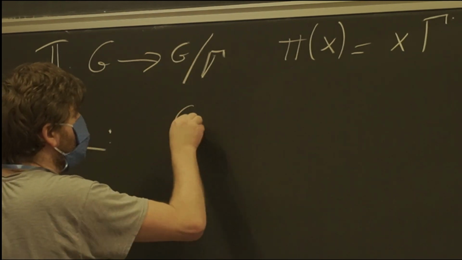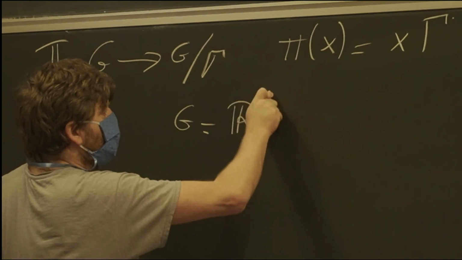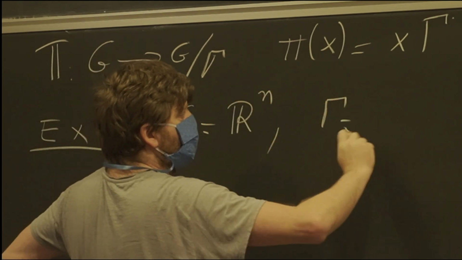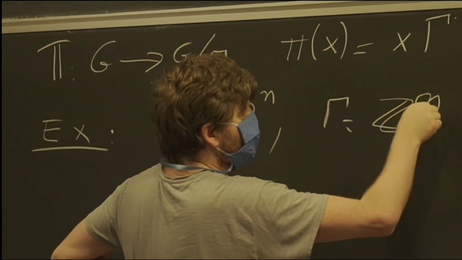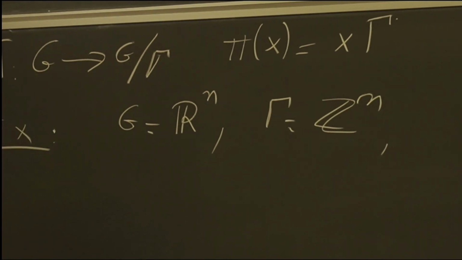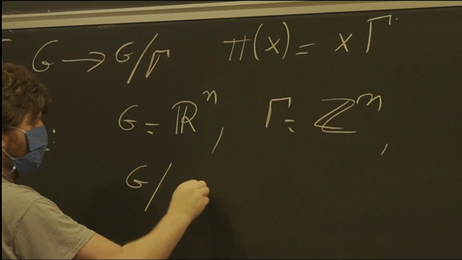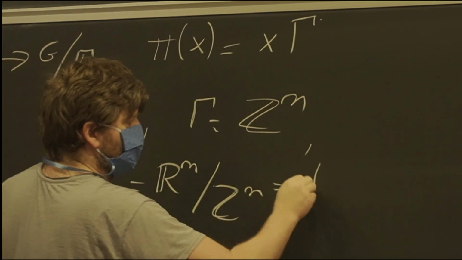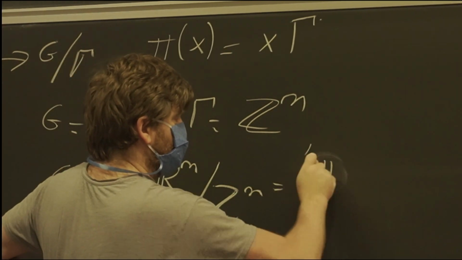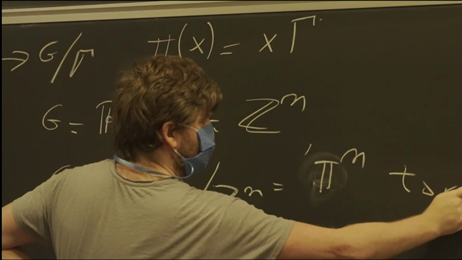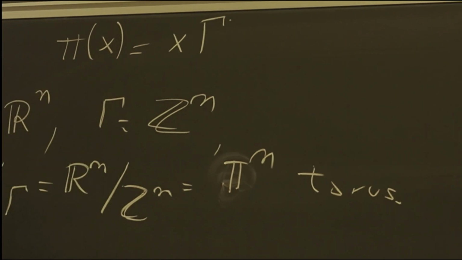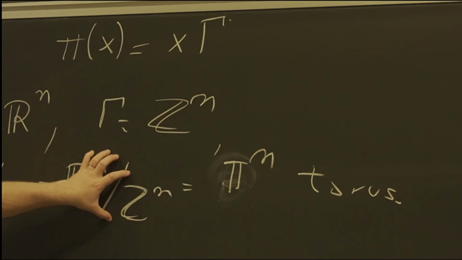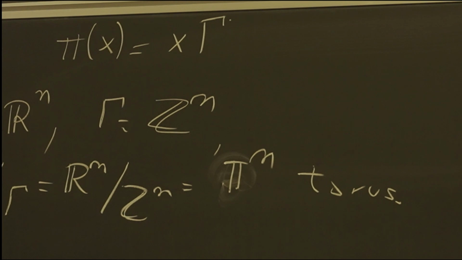So we put G equals R^n, gamma equals Z^n, and then we look at G mod gamma, which is the torus. Okay, here everything is nice because everything is abelian, so actually this guy itself is a group, and life is beautiful.